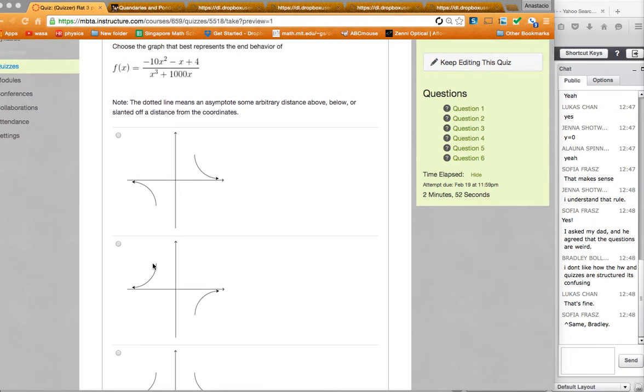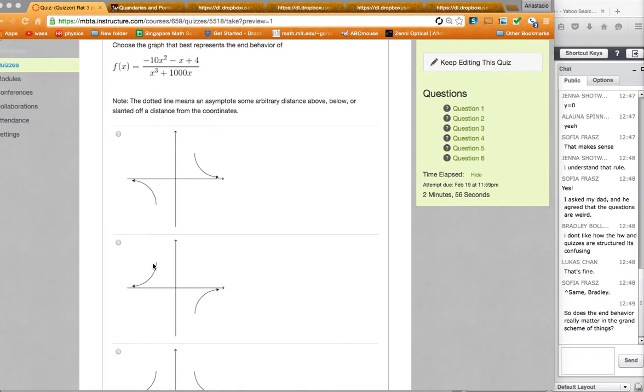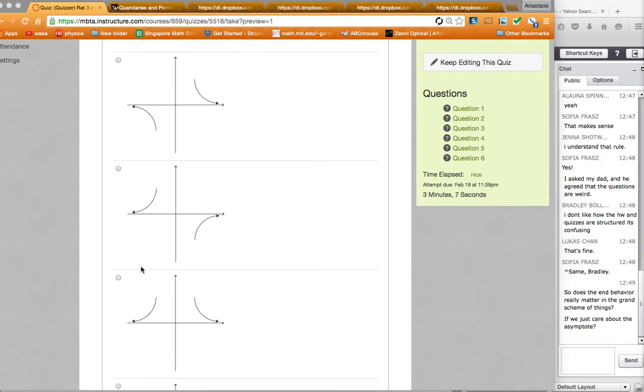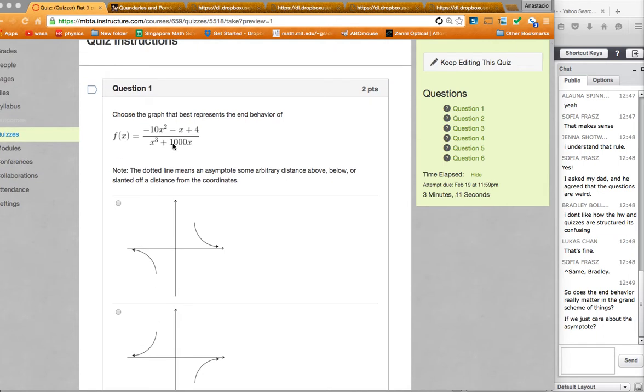Now, I'm not going to get rid of it completely because I'm realizing that in Chapter 4 and in Chapter 5, you now have the tools to be able to choose between these four. So you should be able to do this in Chapter 4 and 5. But in Chapter 3, you don't yet have the tools to do this.